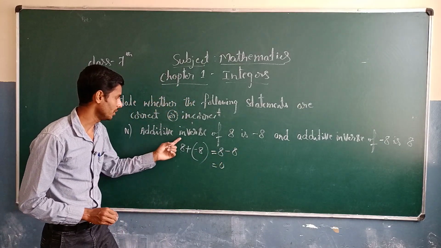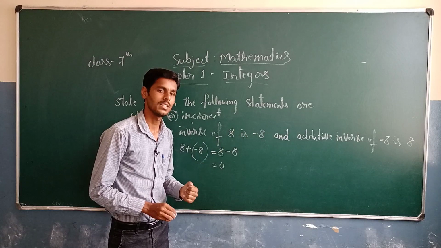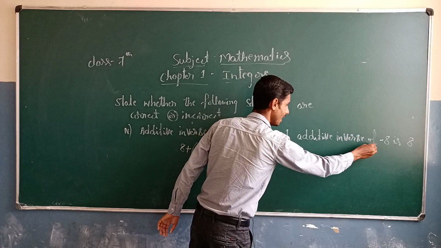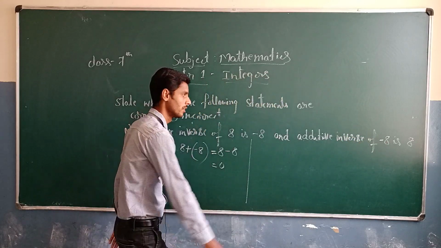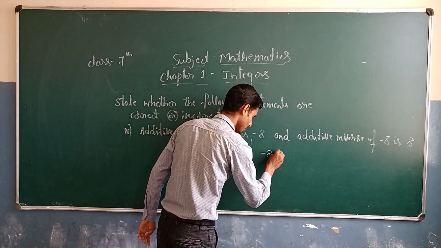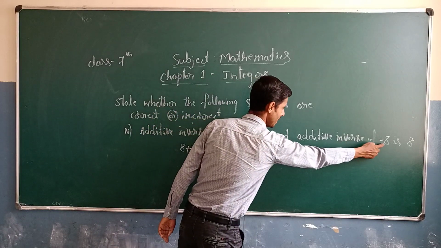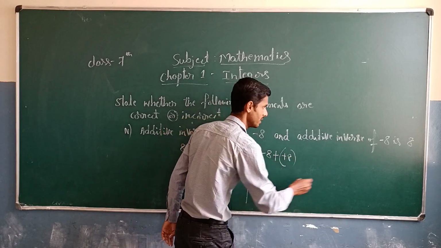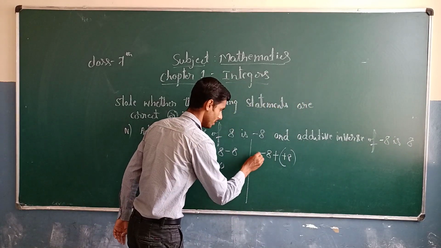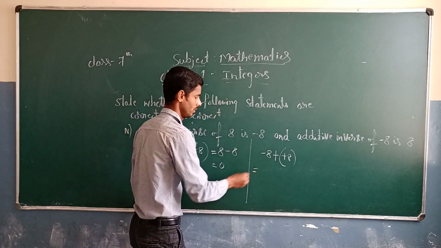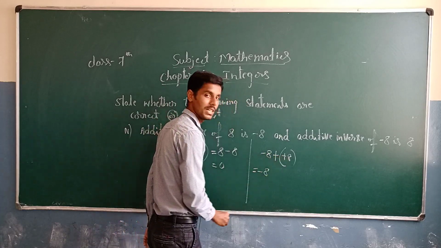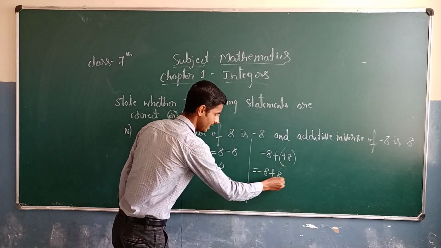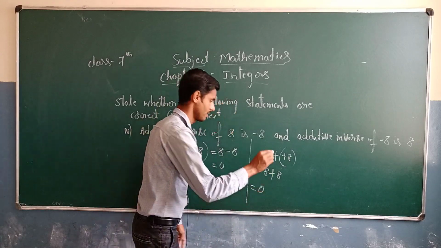Therefore, the additive inverse of 8 is minus 8. And the additive inverse of minus 8 is 8. So minus 8 plus of plus 8 is equal to minus 8 plus 8, which is 0.